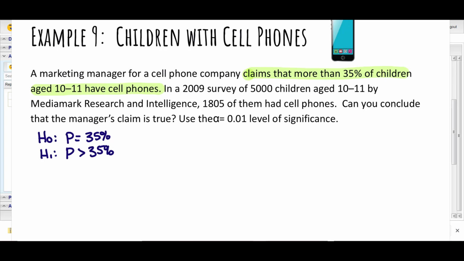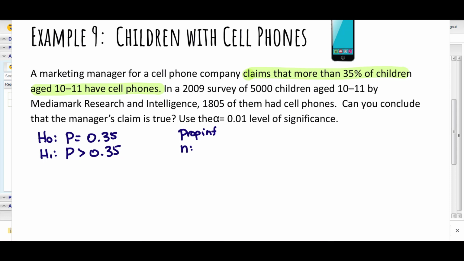Honestly, I should write these as proportions, 0.35. So greater than 0.35 for the alternate and equal to 0.35 for the null. We're doing a proportion inference.